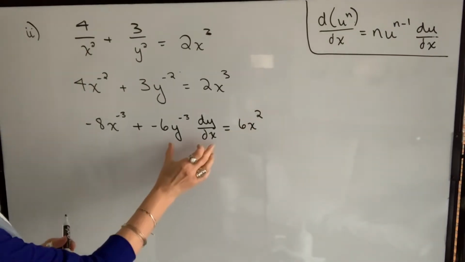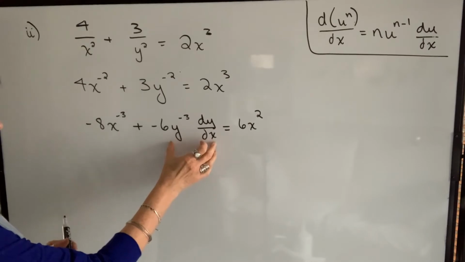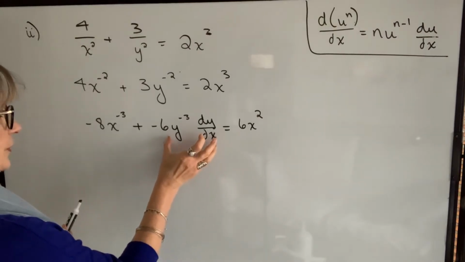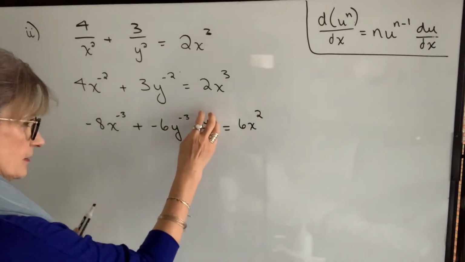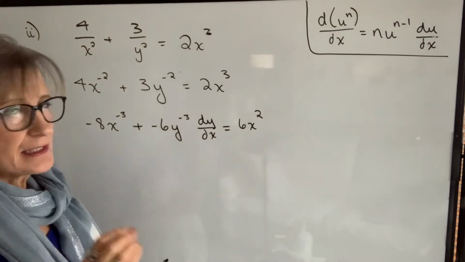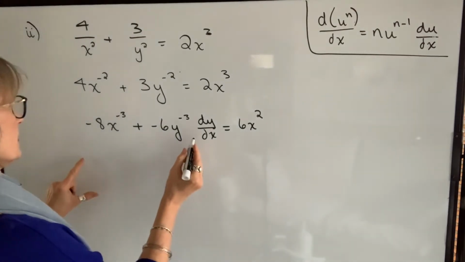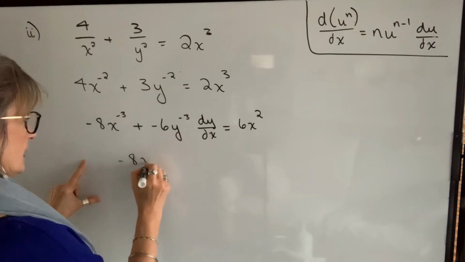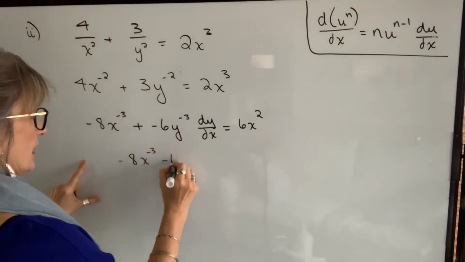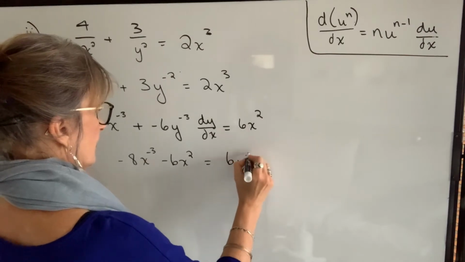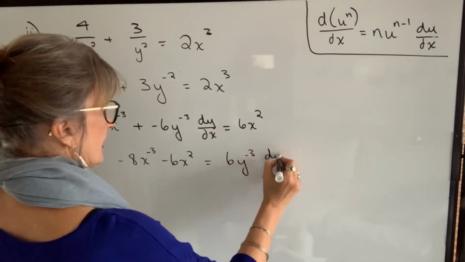I only have one term containing dy dx, and we have lots of negatives here. I'm going to move this to the other side because that's the term that contains my unknown, and I like it to be positive. So I will have negative 8x to the negative 3 minus 6x squared equals 6y to the negative 3 dy dx.